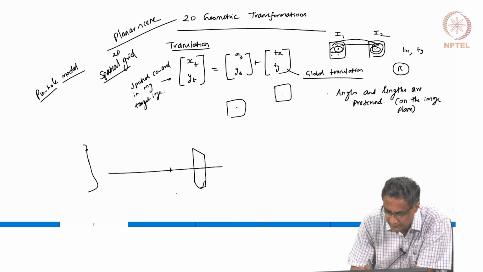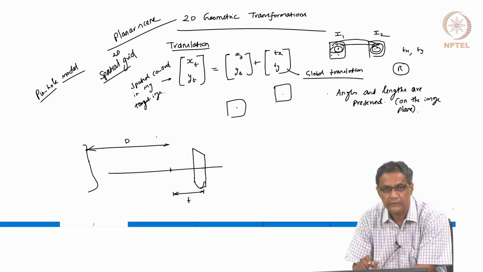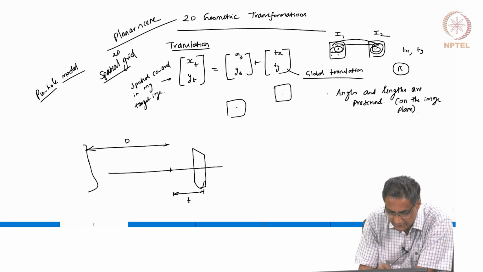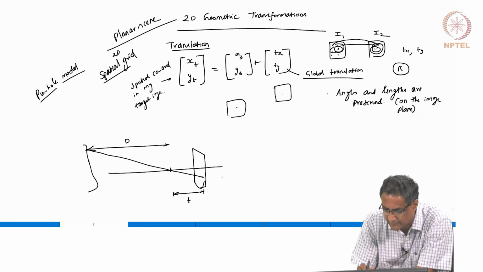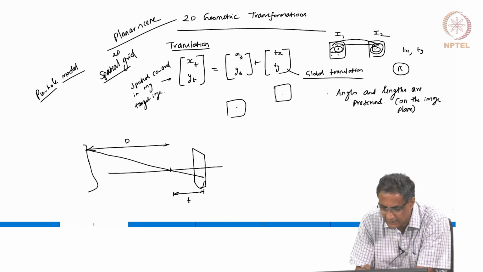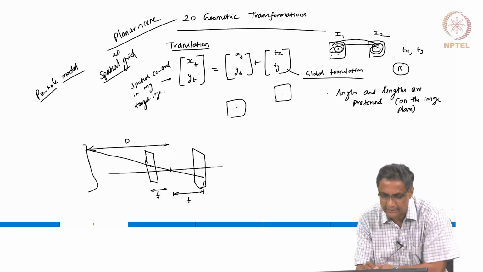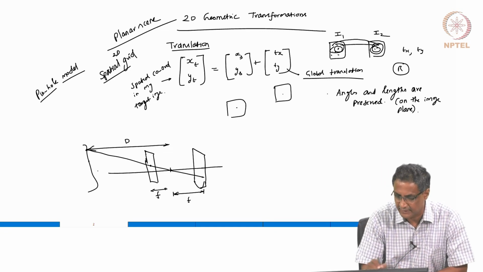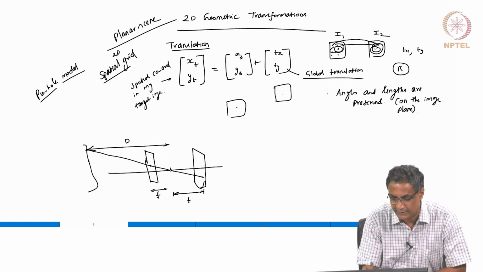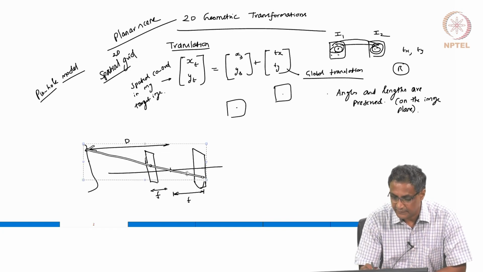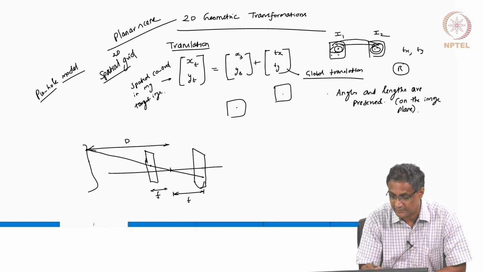From here to here you may have a distance f, and from here to here this could be the depth d of that point. This point comes and hits the image plane here, and instead of seeing an inverted image, we think of the image plane as being in front by a distance f. It's like saying that if I keep my camera here and see the scene, then I get an image.